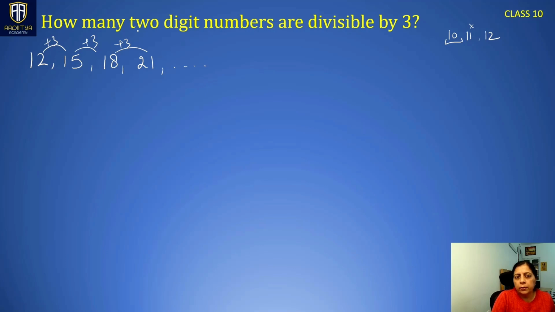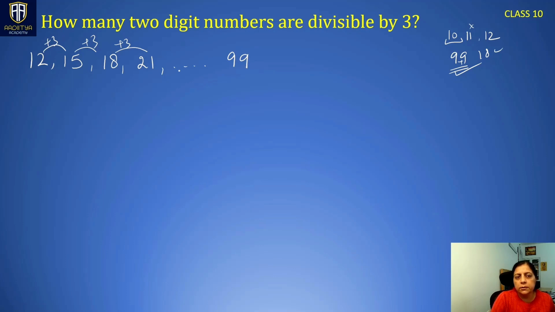You have to find a sequence in which the last member is also a two-digit number, but it is a multiple of 3. The last two-digit number is 99. So you have to check whether it is a multiple of 3 or not. Yes, it is. Divisibility of 3: 9 plus 9 is 18, and 18 is divisible by 3. So 99 is divisible by 3.